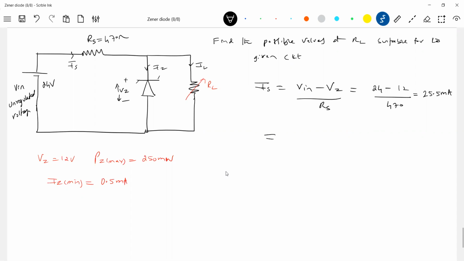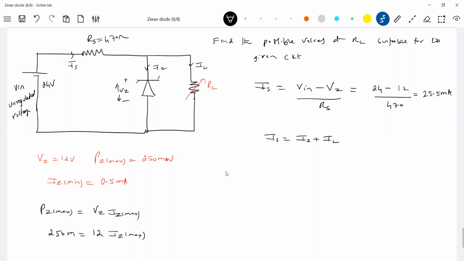Then we know IS equals IZ plus IL. Now here conditions will come. IZ minimum, IZ max we will calculate. How to calculate IZ max? This is not given. IZ max is given by 250 milli divided by 12, that is PZ max over VZ.